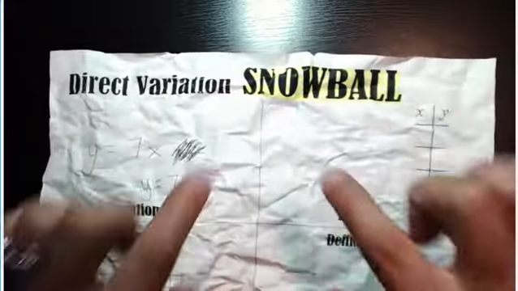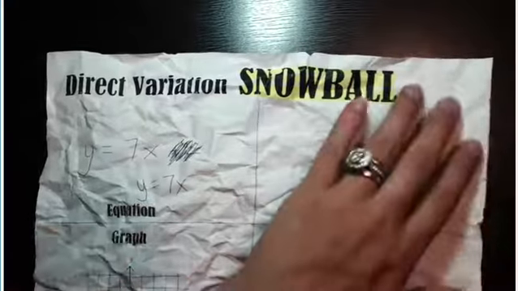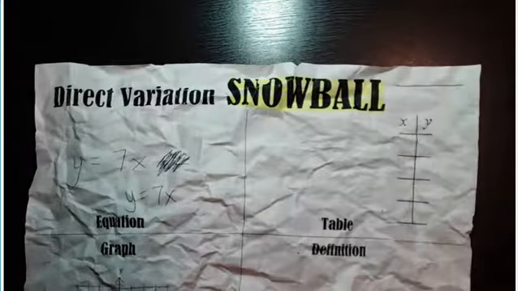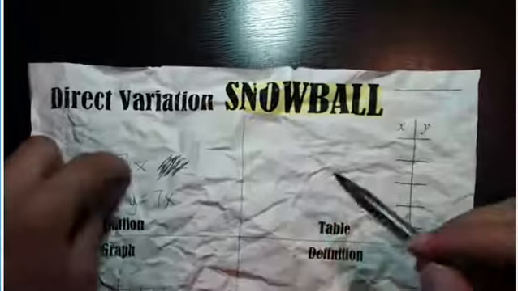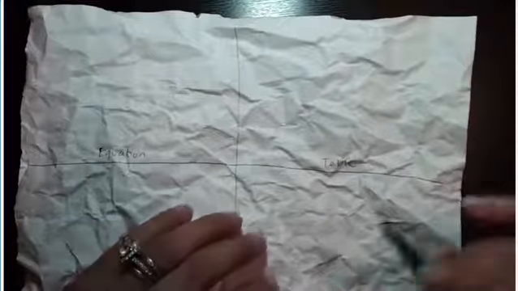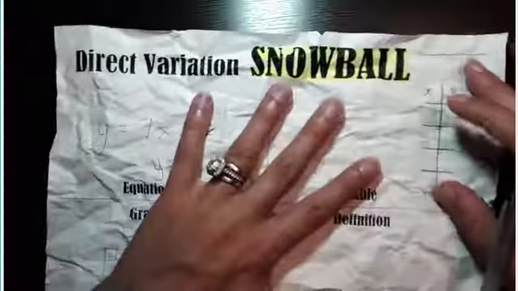At the end, whatever paper you have left, the very last one, you have to check all 8 squares because this will be your paper. You will put your name at the top on the front side, and we will collect this, and this paper will be your grade, even though there's going to be multiple people's work all over. So it's your responsibility to check that the 4 on the front represent a direct variation and the 4 on the back do not. Okay, enjoy.